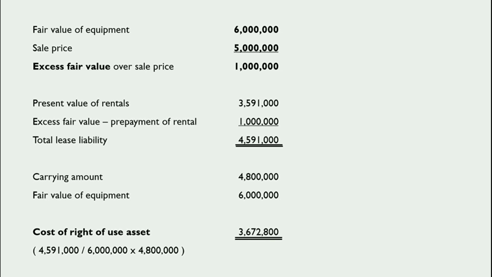So, ito yung kung saan nagkulang si sale price. But di porket may kulang o nagkulang sa paningin mo is lugi na. It's not, because this 1 million is considered as advance rental. Kasi if the sale price is below the fair value, the difference is accounted for as prepayment for rental.